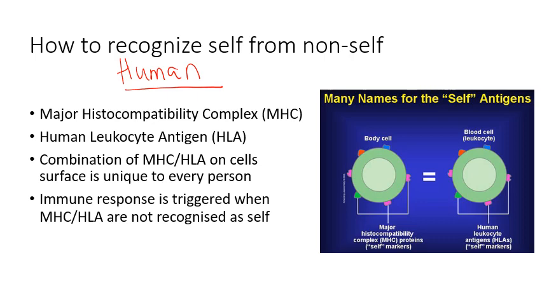So the first series of terms that we're going to use is something called a major histocompatibility complex. You don't need to remember the full name of it, but please recognize MHC. This is a term that you're going to come across quite a bit.